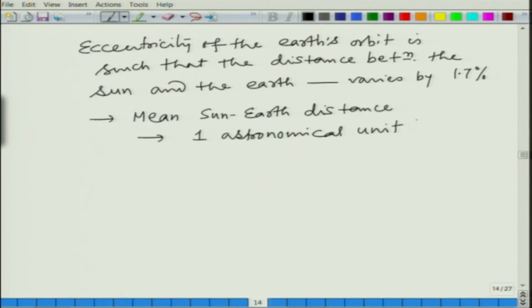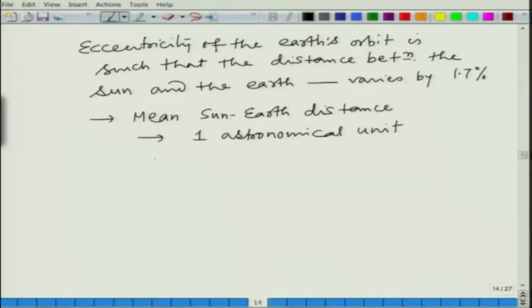That is how we measure very long distances in cosmology. Another commonly used unit is the light year, but this one astronomical unit we often use for smaller distances like Sun-Earth, Sun-Moon, Earth-Moon and so on. That distance is 1.495 times 10 to the power 11 meters. That is the mean Sun-Earth distance.